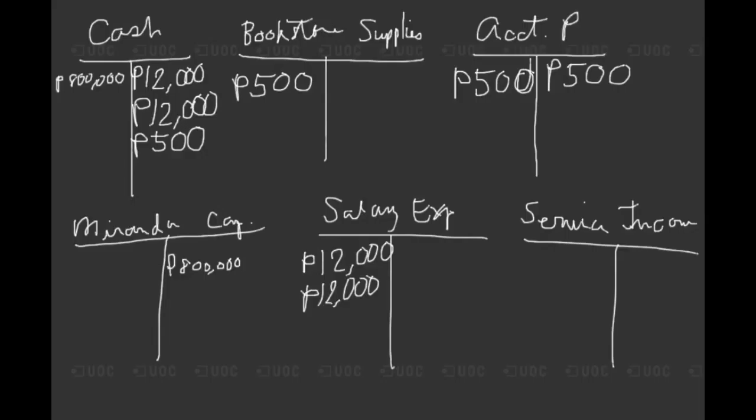And then finally, on March 20th, Miranda earned 50,000 pesos through services. So service income, we credit 50,000 pesos. And on cash, we debit 50,000 pesos since we have earned money.